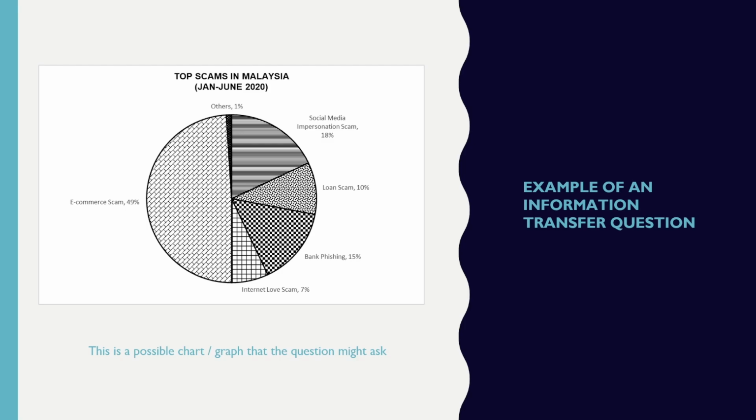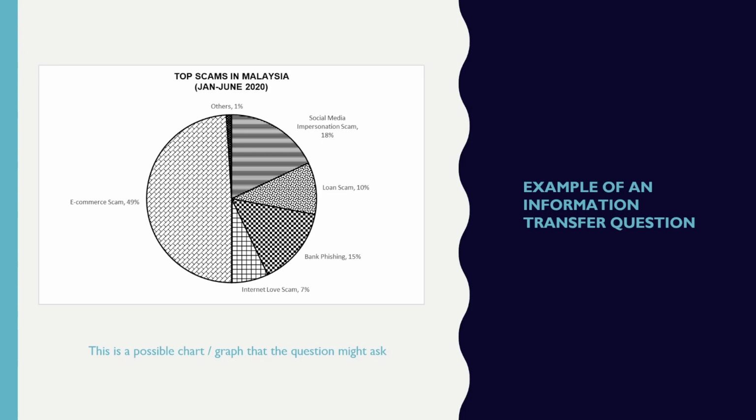For example, we have the title there, and then there is a specific time frame, and then each pie has percentages, and then the name of the percentage, as well as the different sizes of the pie chart. Okay, so that is a possible chart or graph that you might see in questions.